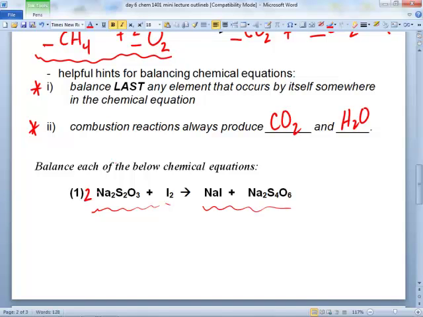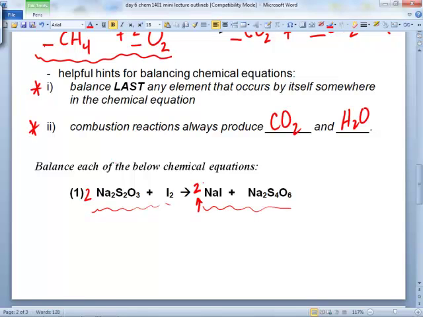Now, if you mess up this one, you put numbers in front of this guy. We picked a hard one to start out with. You put a number in front of this one, we're going to mess up the sulfurs and the oxygens, right? So, don't. You're going to start all over again, which is fine, but everything you've done just got messed up. I wouldn't put them there. Put what right here? 2.